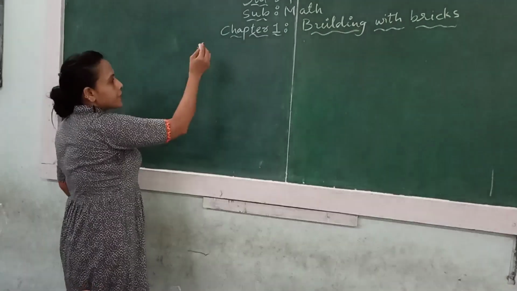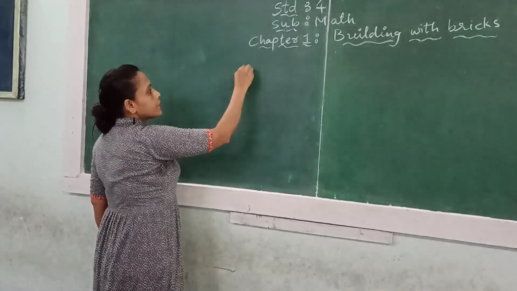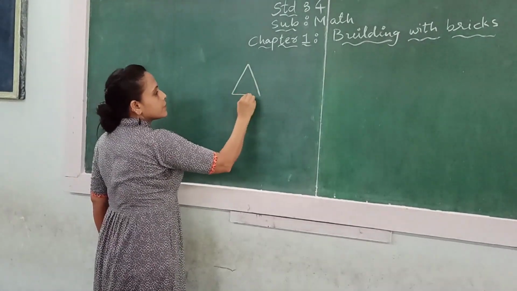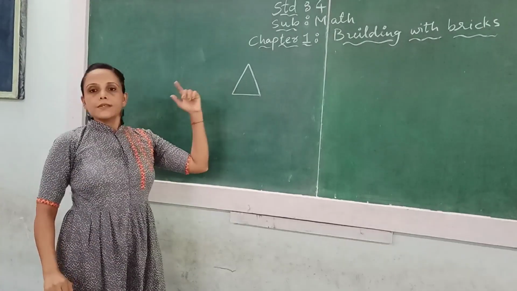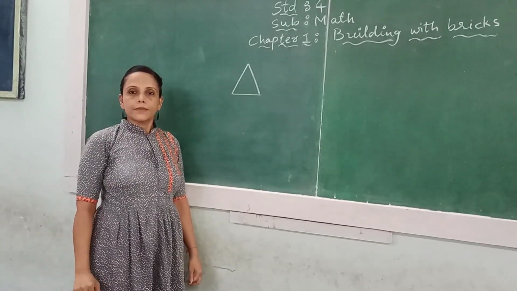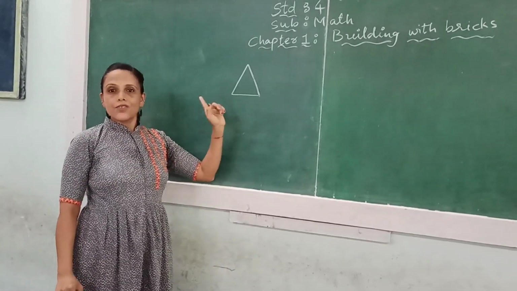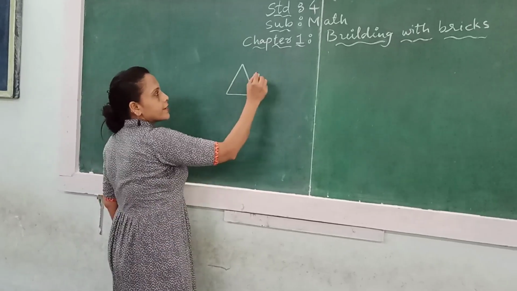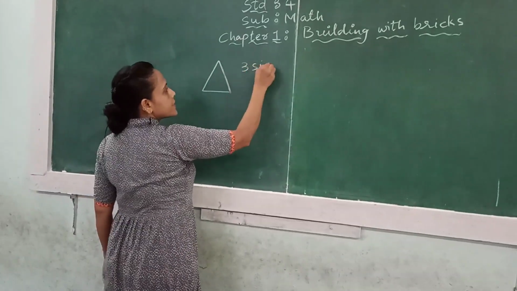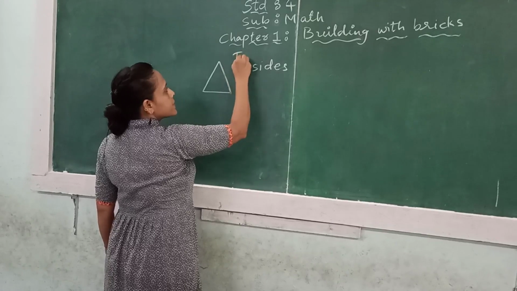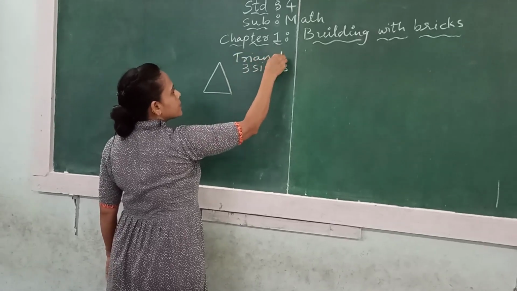Now, first look at here on the board. Which is this shape? Yes, it's a triangle. This triangle has 3 sides.